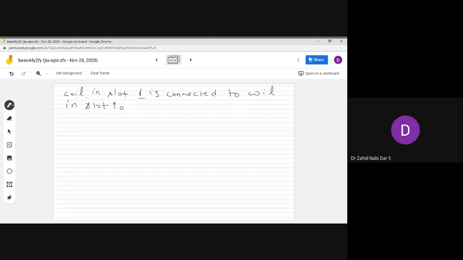Now the number of slots, that is 36, divided by 4 poles into 3 phases, gives slots per pole per phase equal to 3. Here you can see 36 divided by 12 is 3.